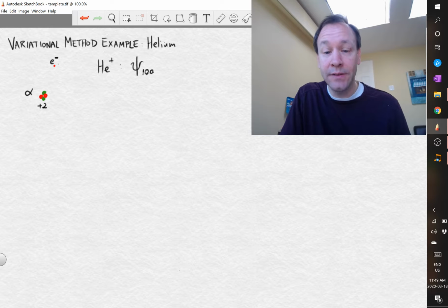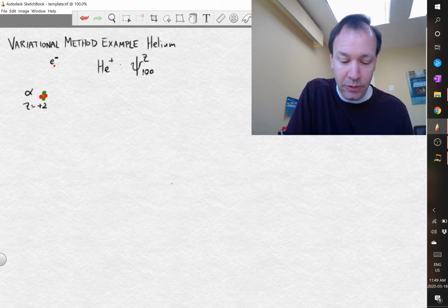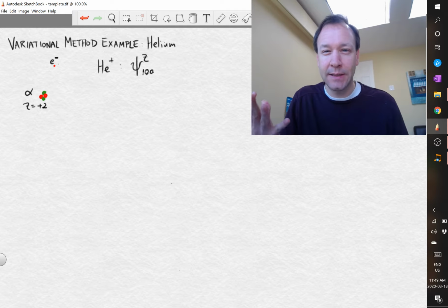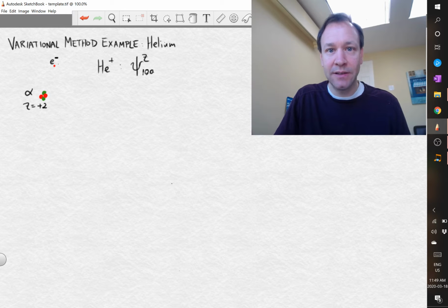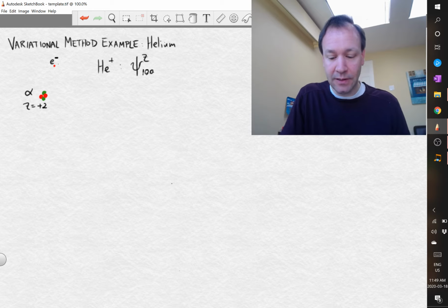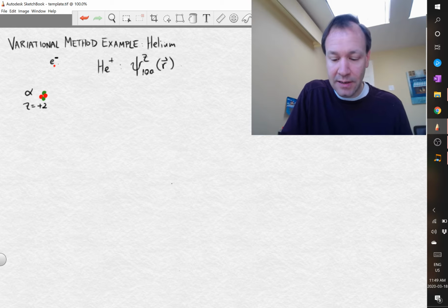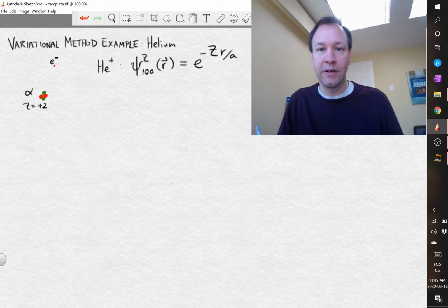So the ground state wave function, let's say we have a general Z, so here Z equals +2. Z is just the number of protons in your nucleus. And so in general, if you have a nucleus with Z protons and just 1 electron, then the ground state wave function for that electron looks like psi100 of r equals e to the minus Zr over a.